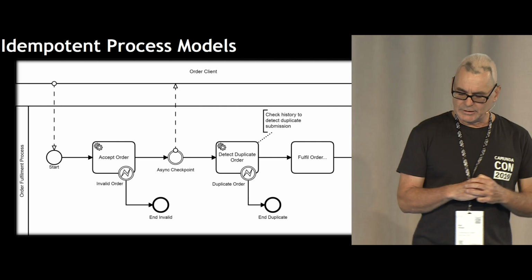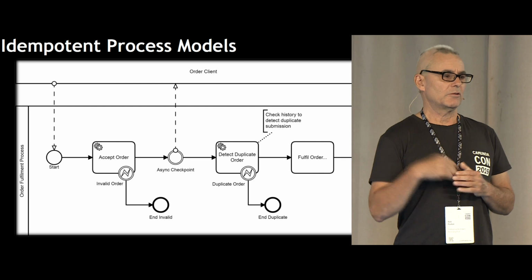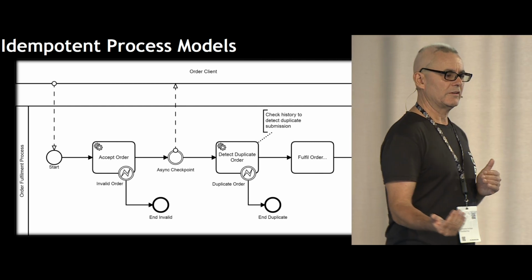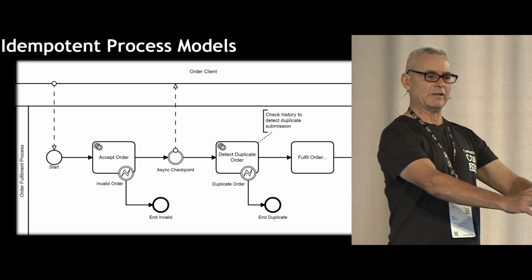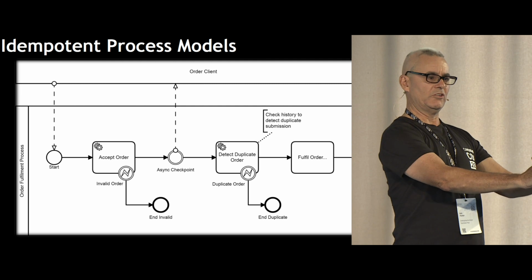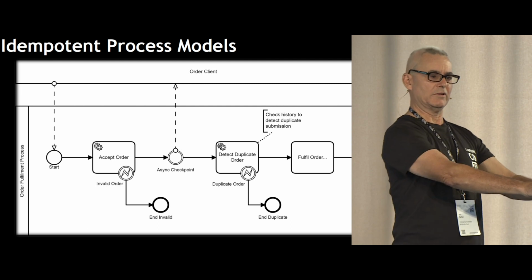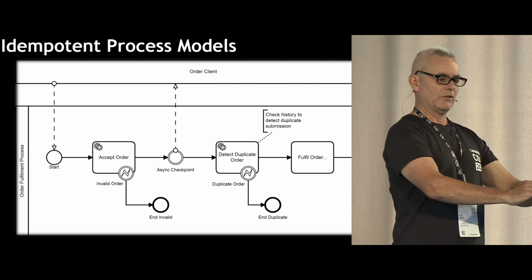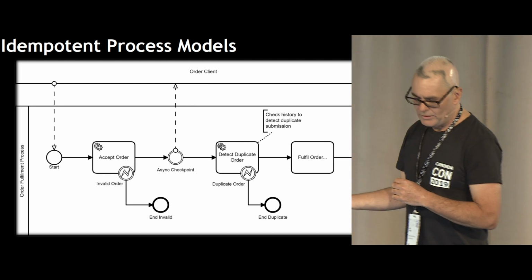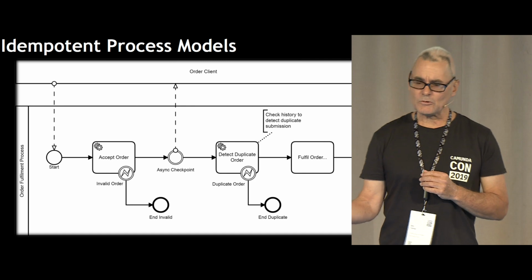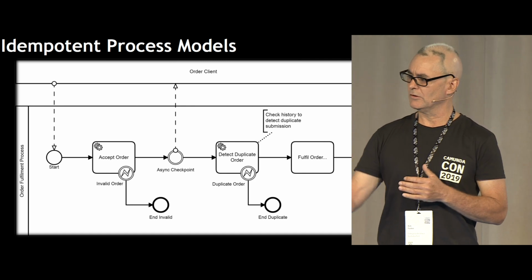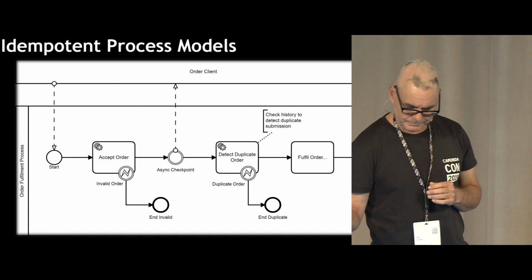What I'd like to highlight here is this asynchronous checkpoint. As far as the e-commerce client is concerned, I don't need to wait with a blocking wait until that process is fulfilled. I really just need you to acknowledge that you've got my process, I know it's going to happen, and you can have control back. So we use an asynchronous continuation after the validation, which is effectively now control gets handed back to the client, gets positive acknowledgement, happy days.